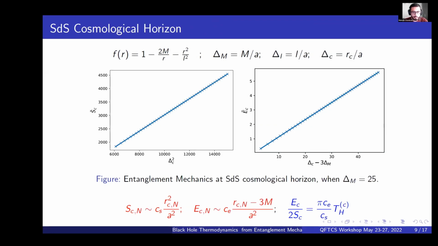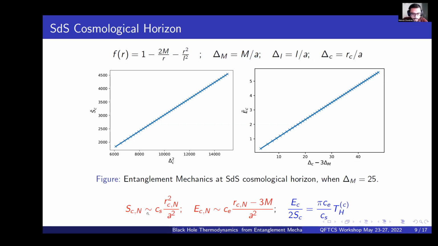Now we look at a slightly different case. We consider a Schwarzschild black hole in a static patch of a de Sitter spacetime. And here again there are two horizons. One is an event horizon that is inside, and then there is a cosmological horizon on the outside. Instead of looking at the event horizon as we did in the previous two cases, I have presented the results here for the cosmological horizon.